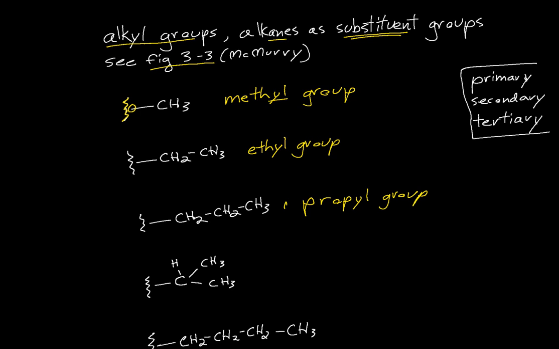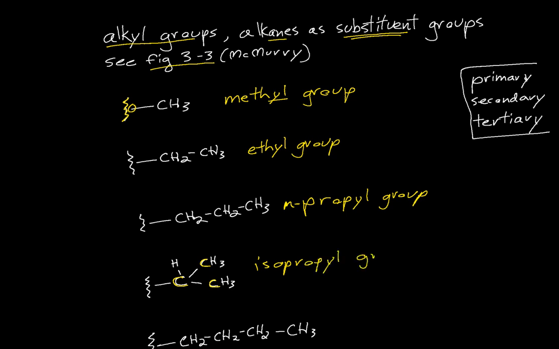But to be specific, we would call this an n-propyl group, because this has an isomer. This is a propyl group as well, since it has 3 carbons, 1, 2, 3. It has the same number of carbons and hydrogens as the n-propyl group. It's an isopropyl group.